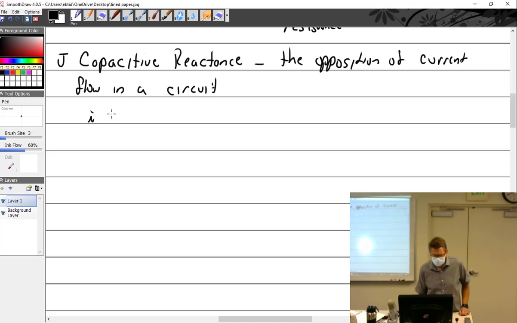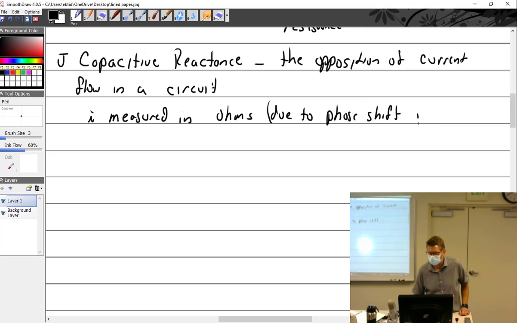All right. So about this capacitive reactance, it is measured in ohms. But due to phase shift, it is not considered resistance.